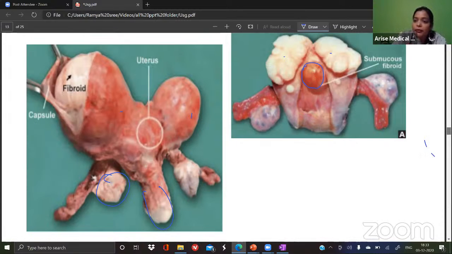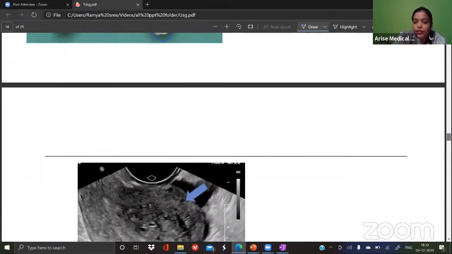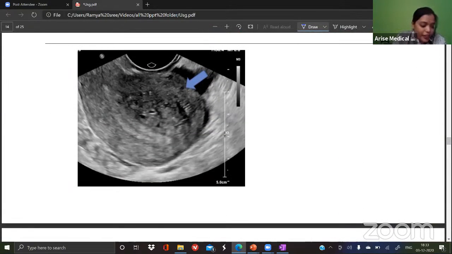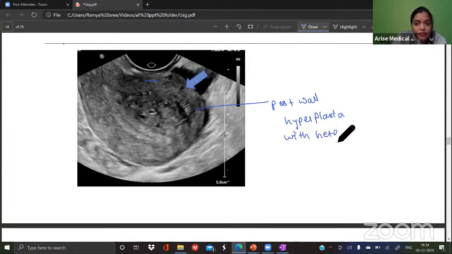Another important image is adenomyosis. Let's see the adenomyosis also. Can you tell me what this is? It's a posterior wall hyperplasia with heterogeneous echoic multiple cysts.